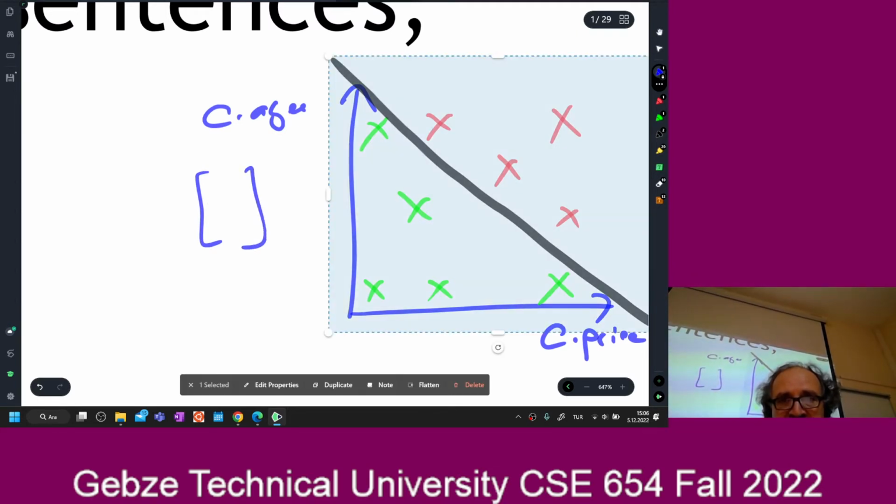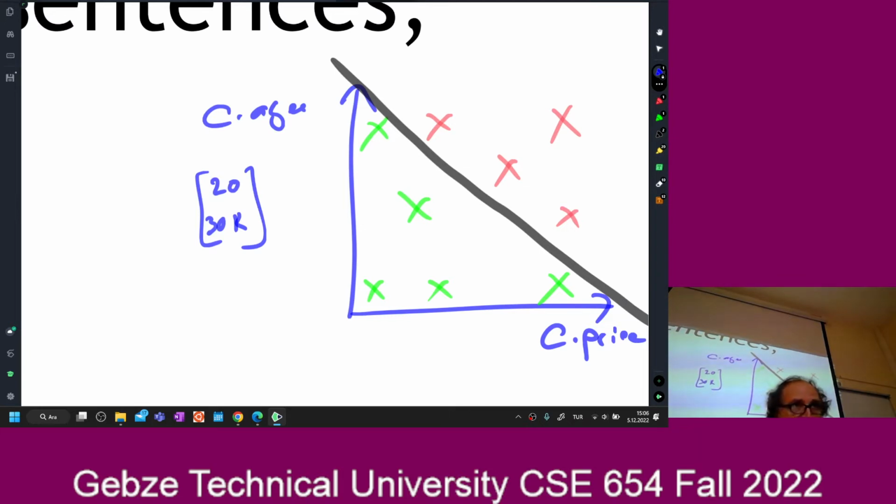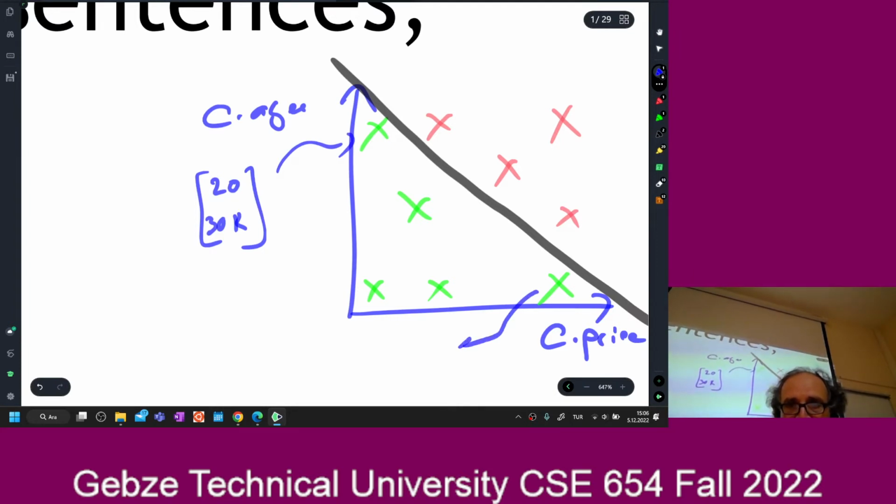This one: age is 20 years, but the price is 30,000 liras. Well, for 30,000 liras, I would buy any car as long as it runs, right? This one is brand new, but it is 600,000 liras, and I would buy that too.